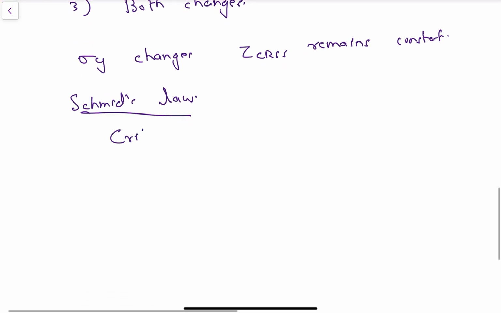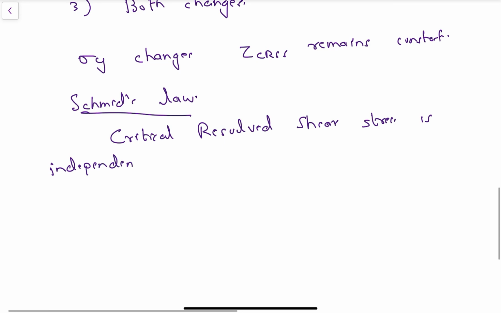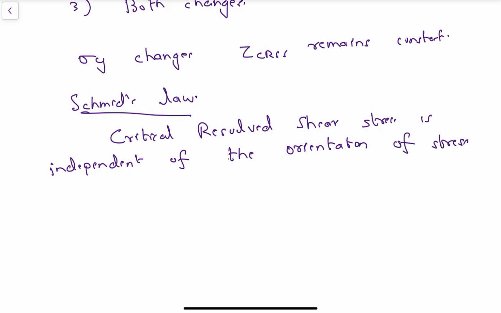That means the critical resolved shear stress is independent of the orientation of stress axis with respect to slip system. That is a constant.